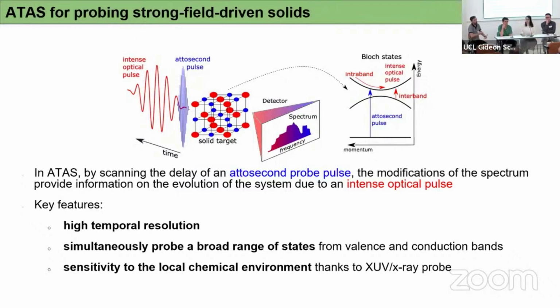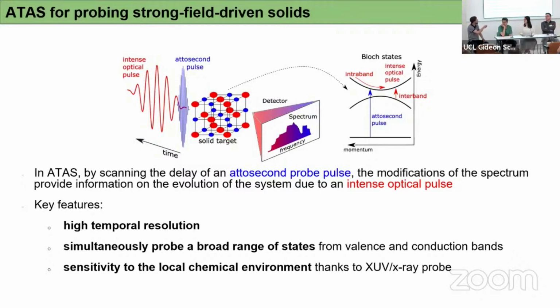Well, what do you do in attosecond transient absorption? The idea here is basically to scan the strong field dynamics induced by an intense pulse exciting a certain solid with an attosecond pulse, XUV or even X-ray. By varying the delay, the arrival time of this attosecond pulse, you are basically observing the dynamics induced by the intense pump pulse at different times.